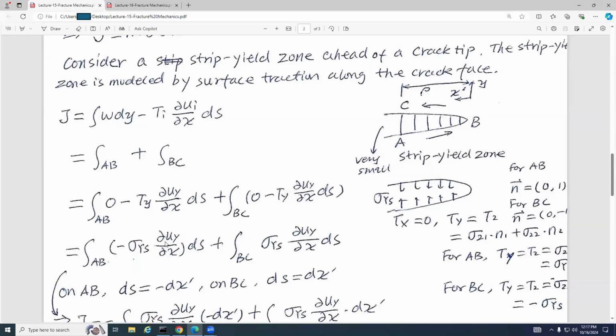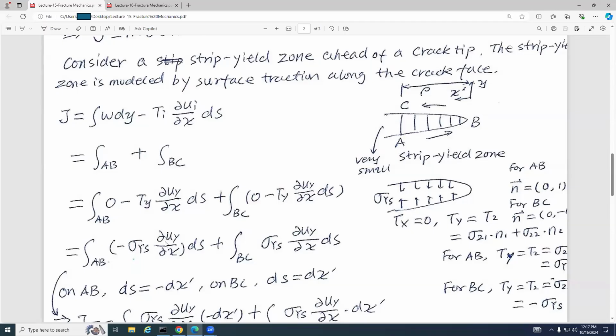Then I look at the second term. Here, i appears twice, which means it is a dummy index, and dummy means summation. So that is Ti multiplied by dui dx.